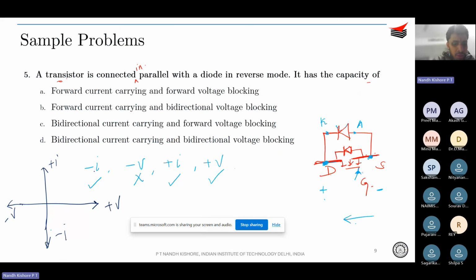You have negative current, you have positive current, you have positive voltage.